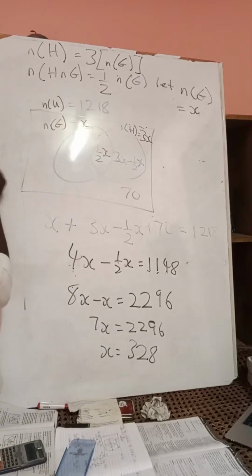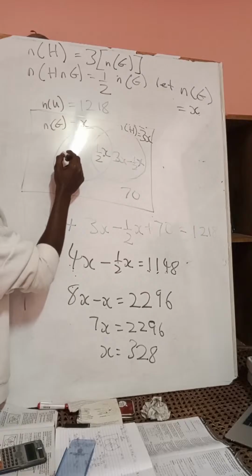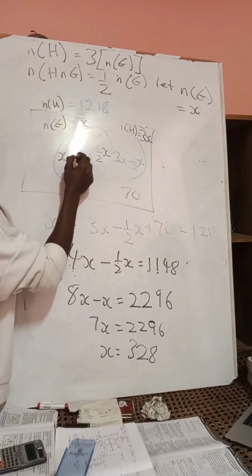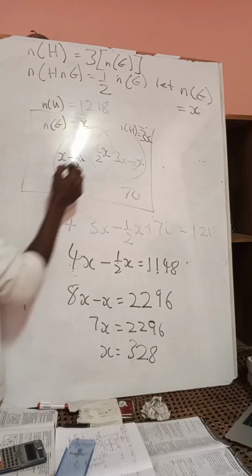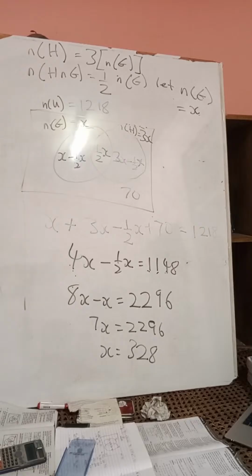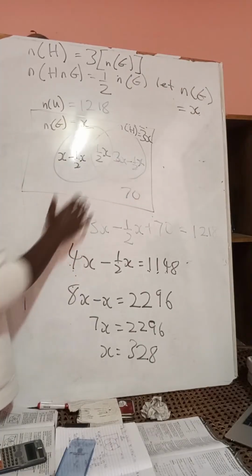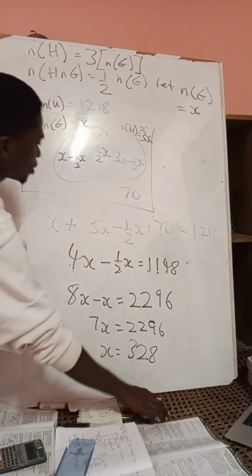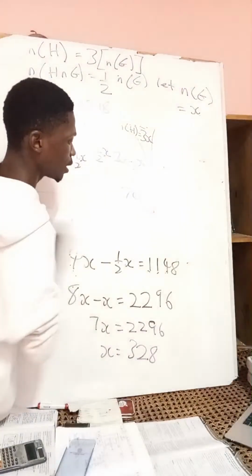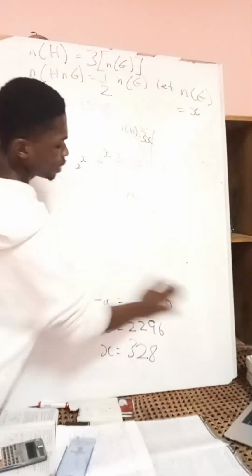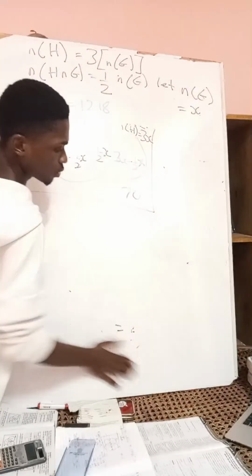So this first region will be x minus half x. Is that understandable? Please, you can pause it and then check it out.